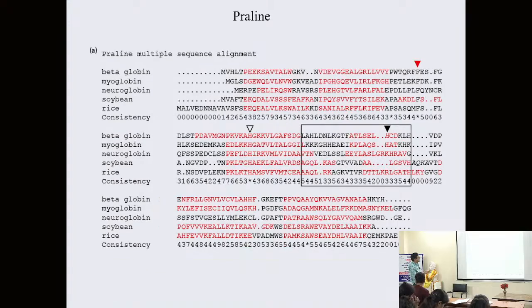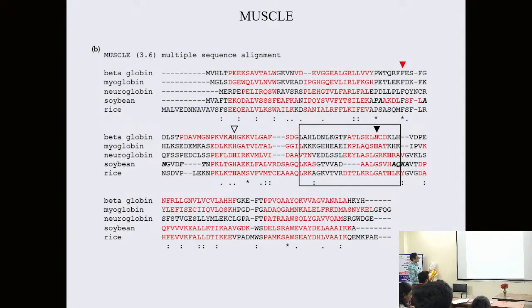Let's look at PRALINE. Keep your mind focused on this. Again, this is also not good. Histidine in the first 2 sequences is aligned, but then it is offset by several residues in the other sequences. MUSCLE is also not able to align histidine in one column.